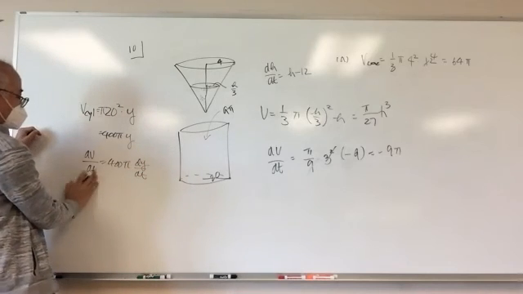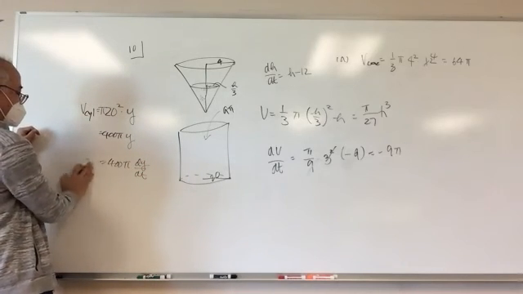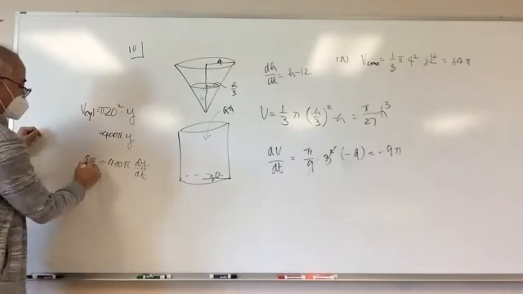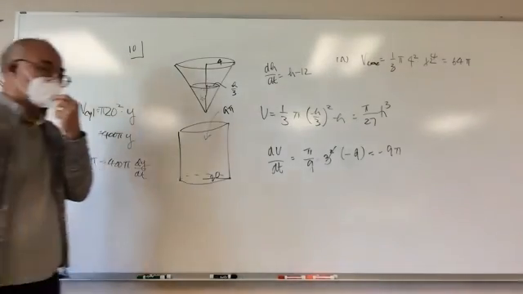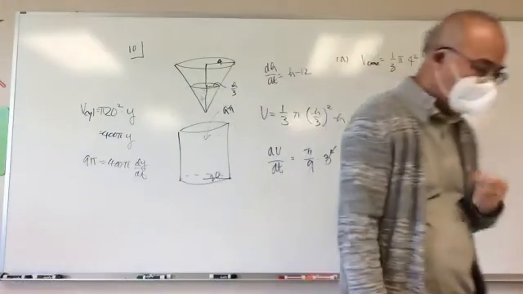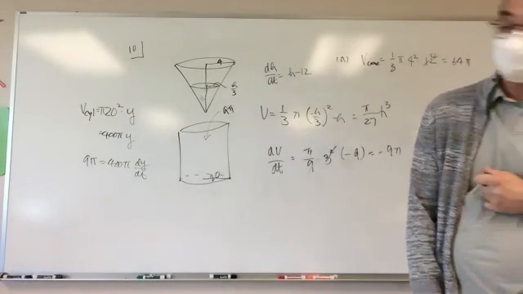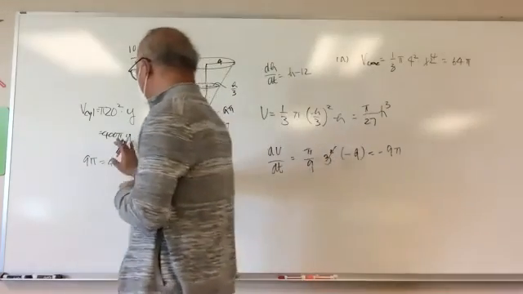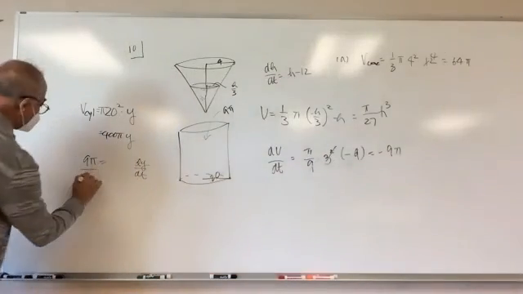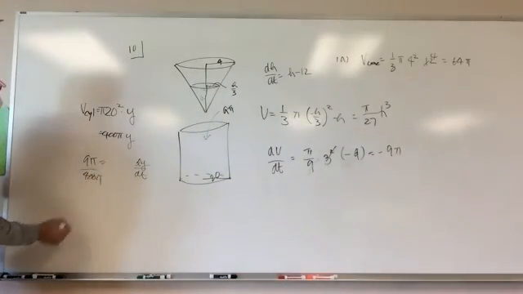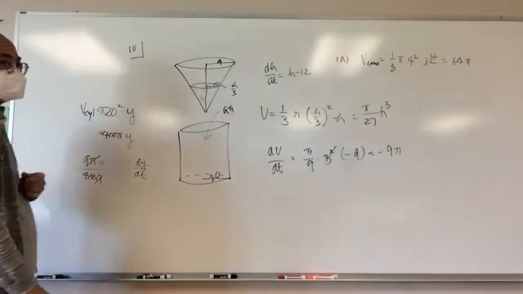And we knew that this was 9 pi. So what was the question? The question was, what is dy dt, right? dy dt is going to be nothing more than this divided by 400 pi. Pi's cancel out. 9 over 400.